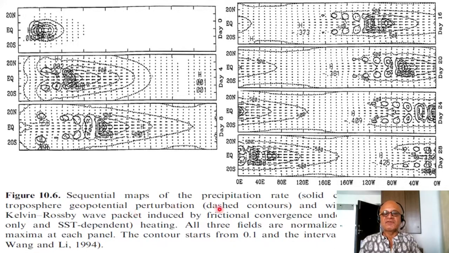So you're looking at sequential maps of the precipitation rate in solid contours and the lower troposphere geopotential perturbation in dashed contours. So be careful, the solid contours are there and the dashed contours are there.